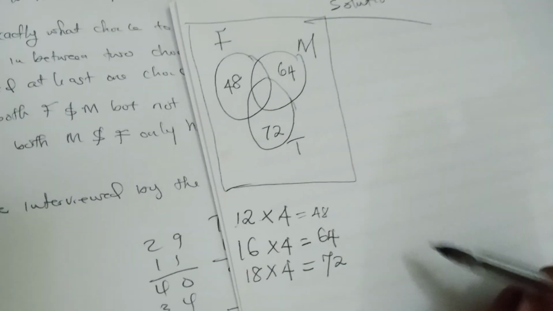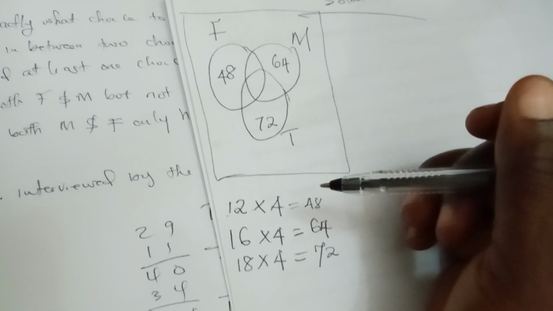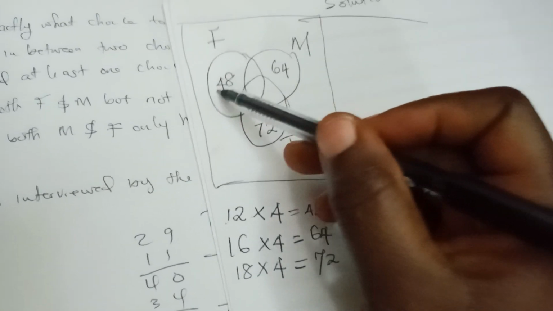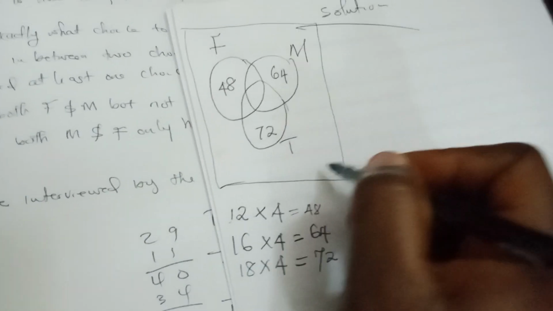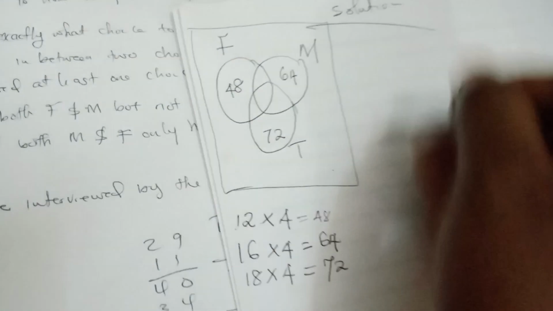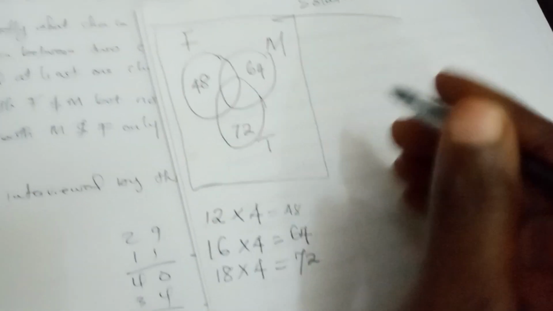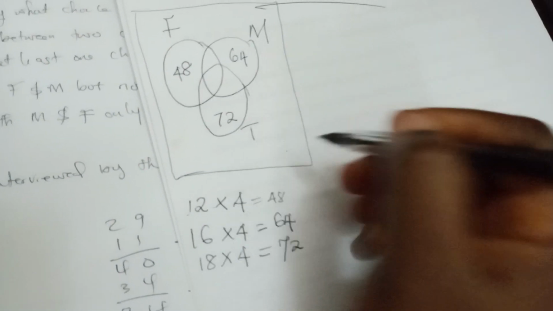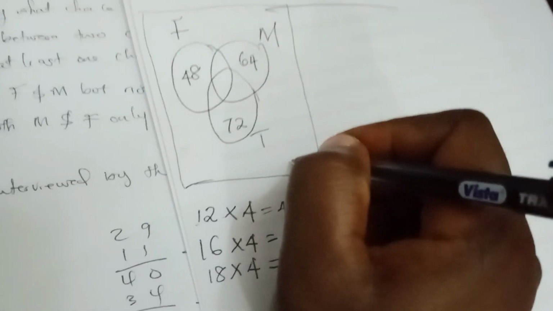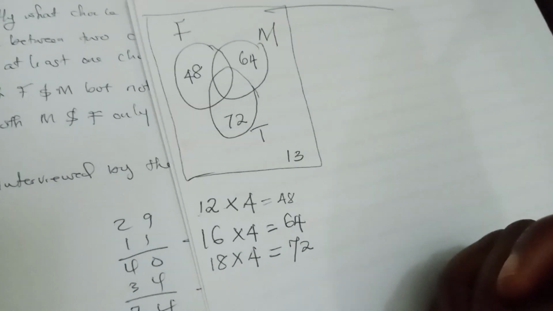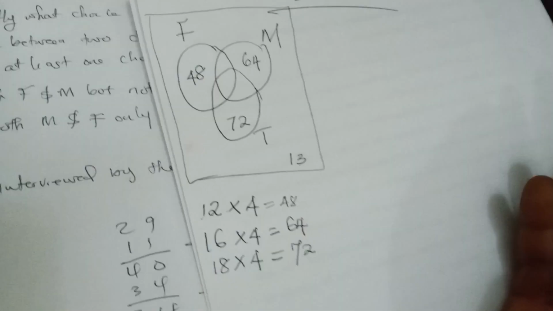But we're also told that there were certain people in total that didn't choose from these three options. Since there were 13, we write them at the end part of this diagram, but not inside the circle, meaning they didn't accept these options, but they gave their own idea. So they wanted something else.